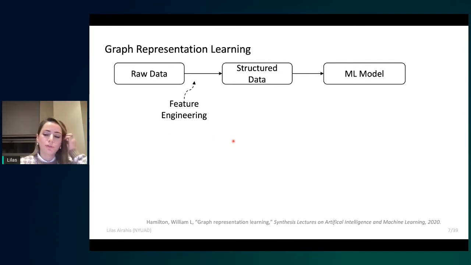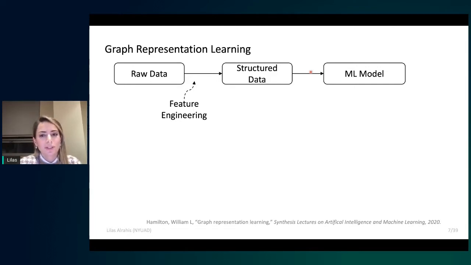So in order to perform machine learning on a graph, one would take this raw data, which is the graph, and then perform some feature engineering to extract properties of the graph and represent them in a structured format, which will be passed to the machine learning model.